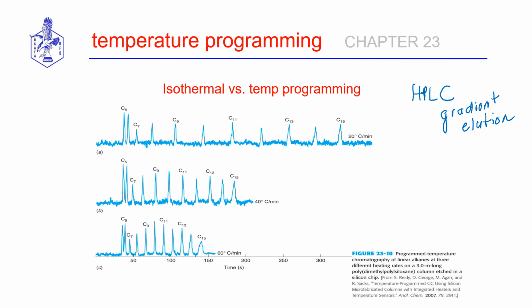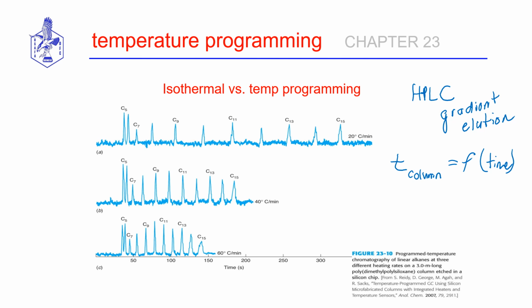So the analogous complement in GC is temperature programming, in which we are able to alter the temperature at which we are separating our components as a function of time. So we are looking at the temperature of our column where the separation is taking place. Okay, we probably want to give consideration to changing that temperature.